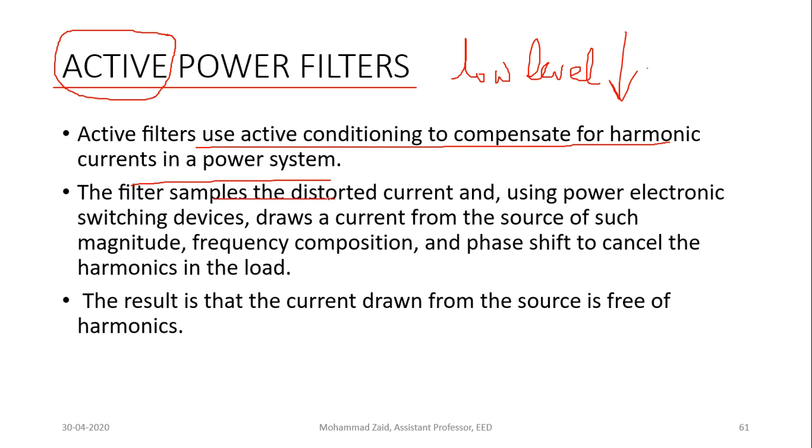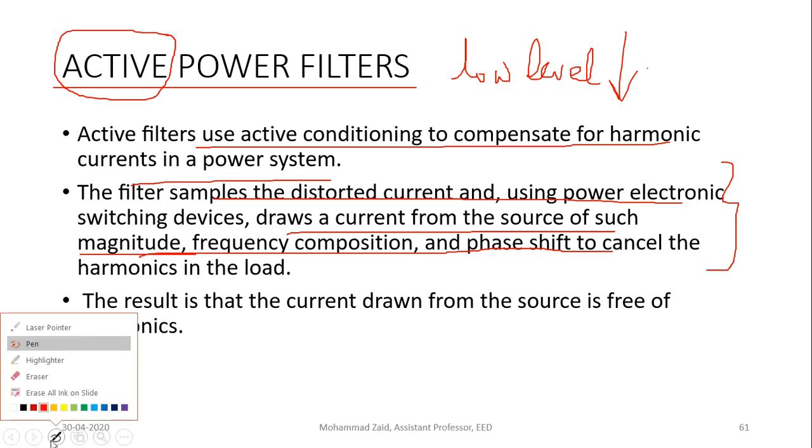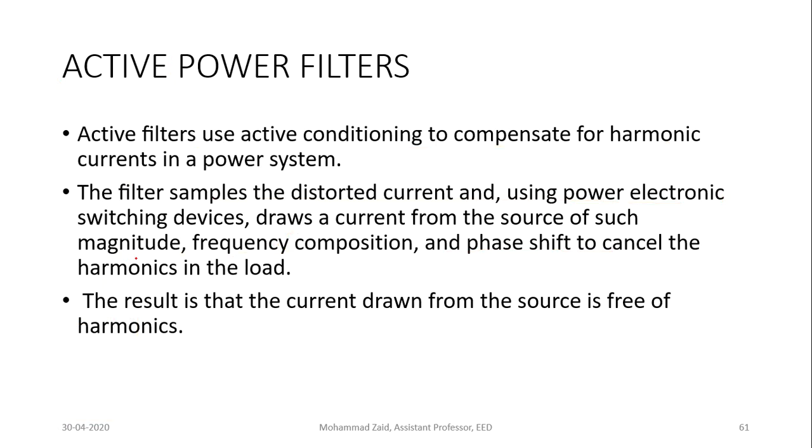The filter samples the distorted current and, using power electronic switching devices, draws a current from the source of the magnitude, frequency, composition and phase shift needed to cancel it. So whatever filter you design should produce a current controllable in magnitude, frequency, composition and phase shift, and it should be in opposition to the harmonic currents created by the load.